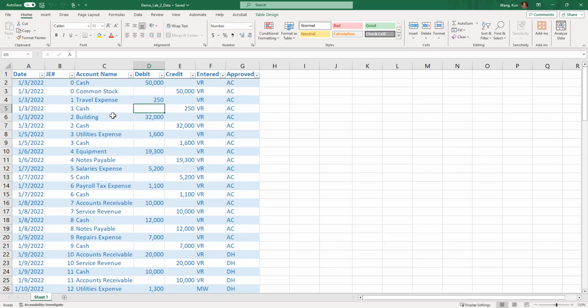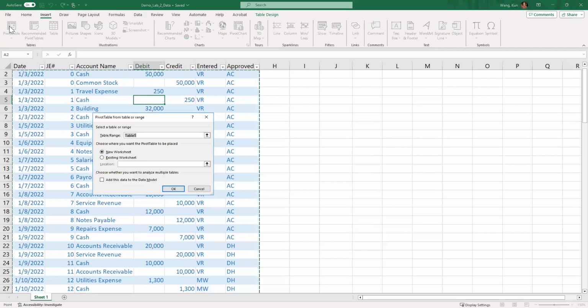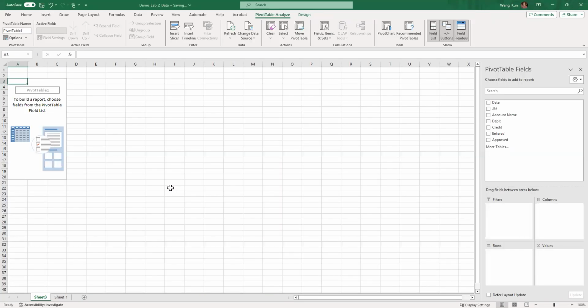So inside the table, I go to Insert PivotTable, and this should be the table range. And then I want my result in a new worksheet. That's normally what I do. Then click OK, and you can see all of the data fields.